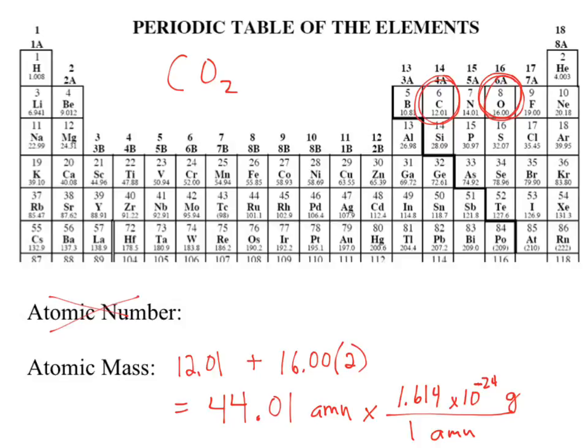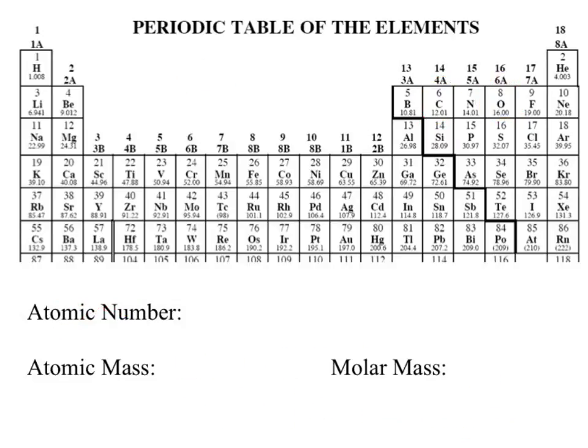Okay? It turns out that not only does our periodic table report this in units of AMUs, it also reports it in something known as the molar mass, which happens to be the relationship between grams and moles.